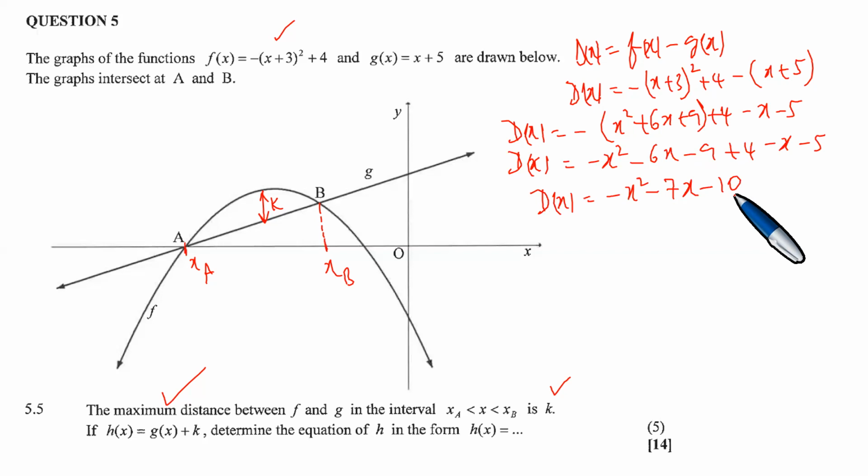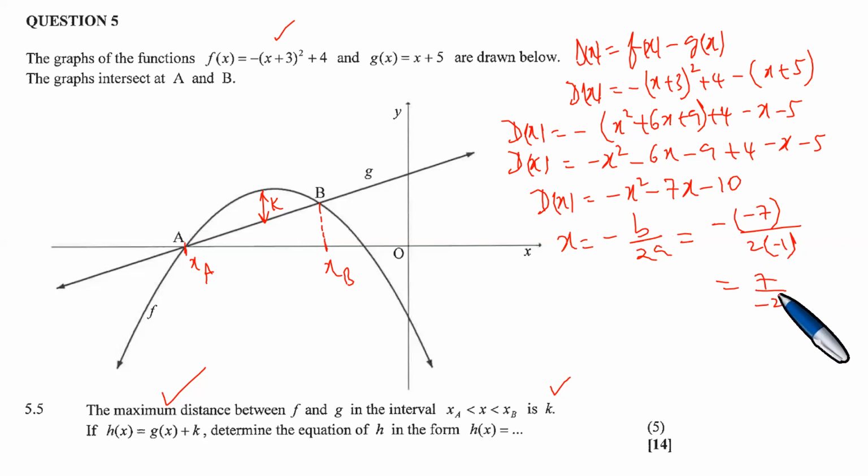So we have this. We're looking for the maximum distance, and therefore we can use any of these. So for the maximum distance, x equals minus b over 2a. Our b is minus 7. Our a from here is minus 1. And therefore the result is 7 over minus 2.